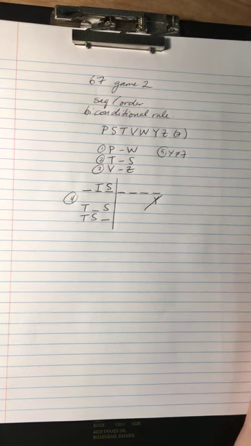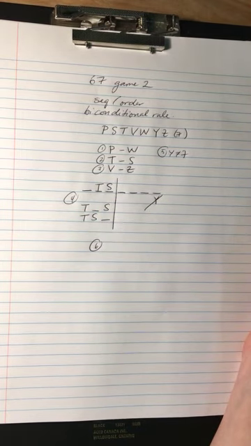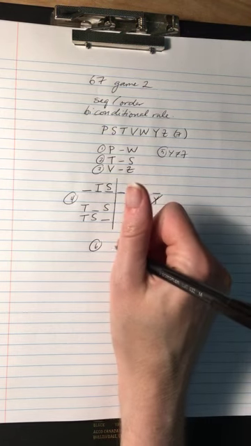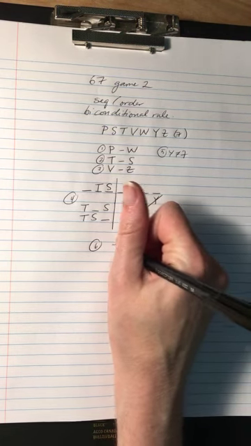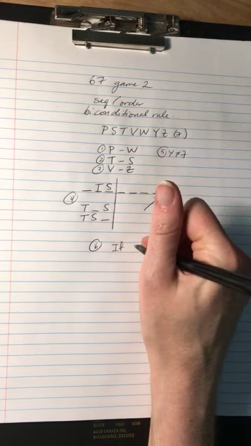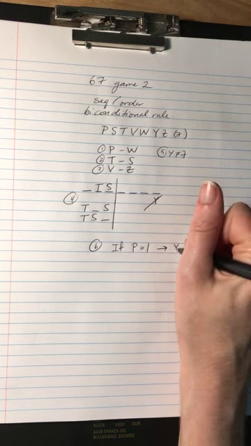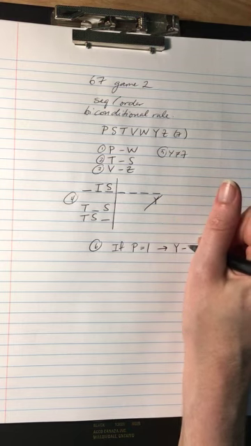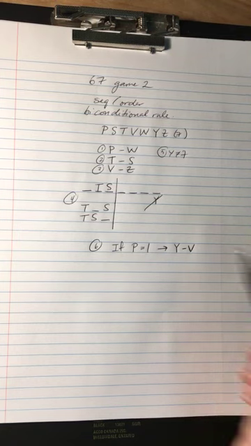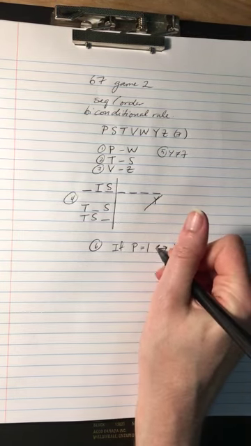All right, and then we get to our conditional rule, rule 6. P lectures first if but only if Y lectures before V. So what that means is that if P is first, then Y is before V, but also that if Y is before V, P is first.